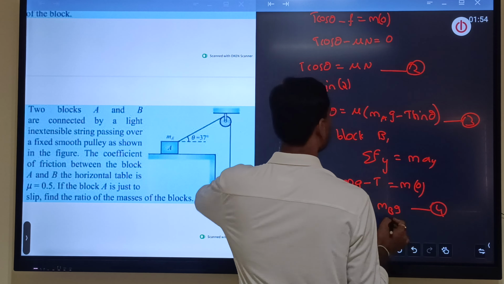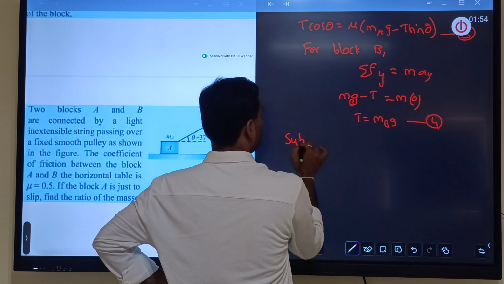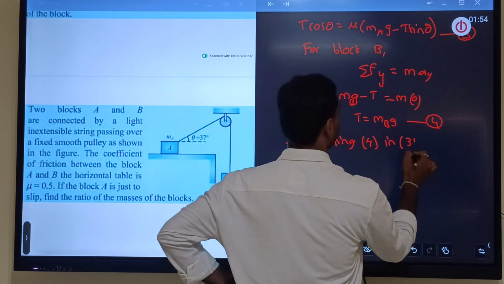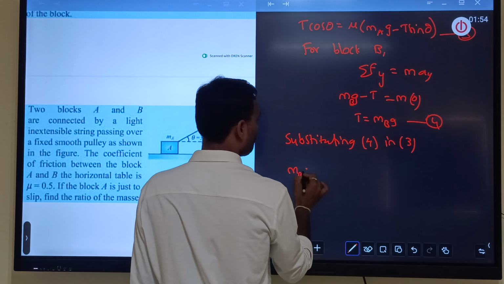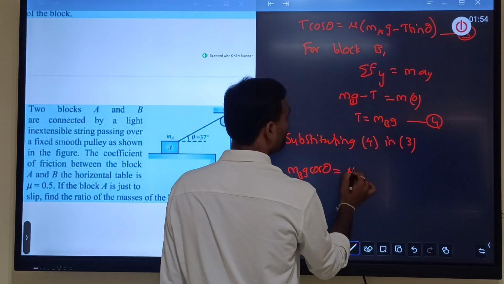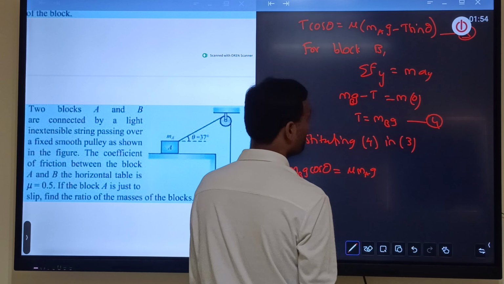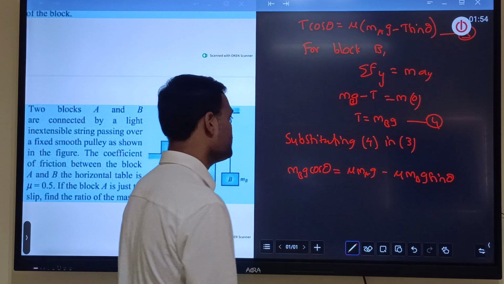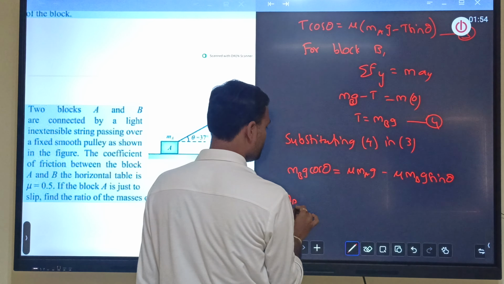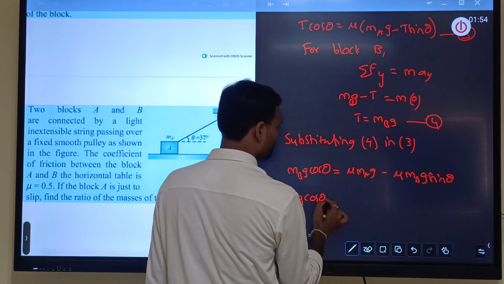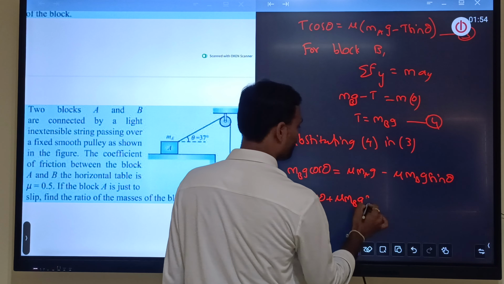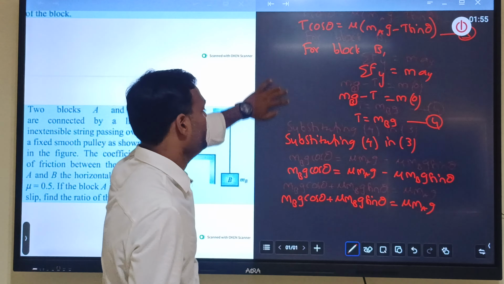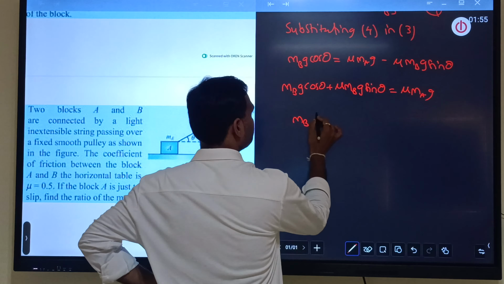Substituting 4 in 3, mbg cos theta is equal to mu mag minus mu mbg sin theta. Taking the terms together, mbg cos theta plus mu mbg sin theta is equal to mu mag, and here I am taking mb common.